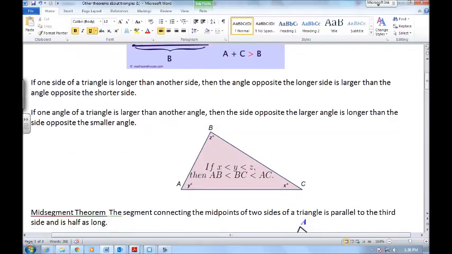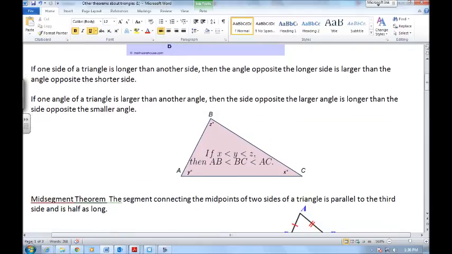Next theorem. If one side of the triangle is longer than another side, then the angle opposite is also larger. So, if you look at this triangle, it says x less than y less than z.